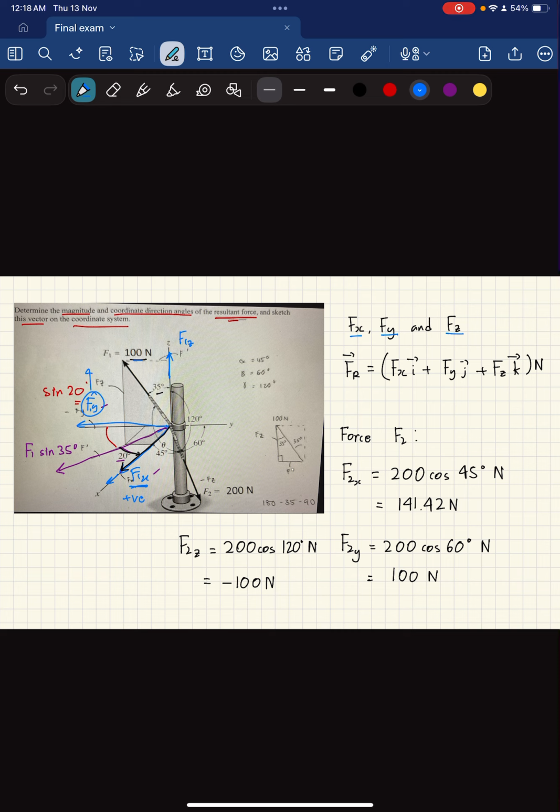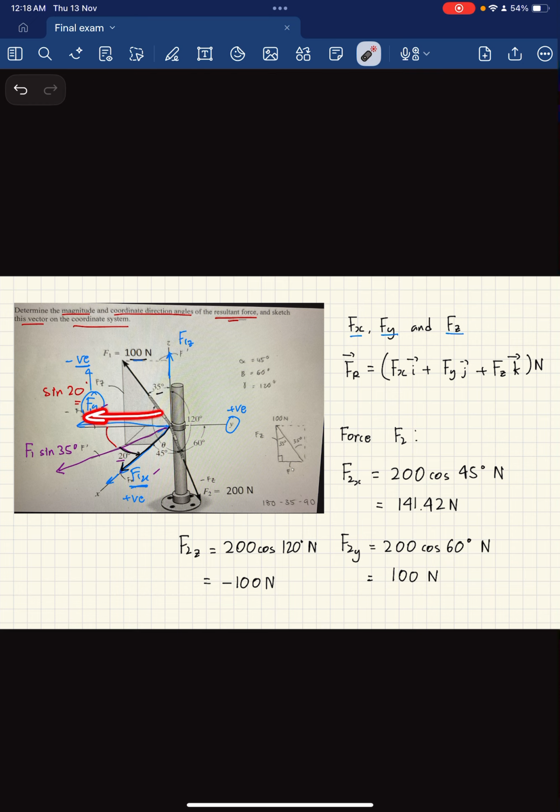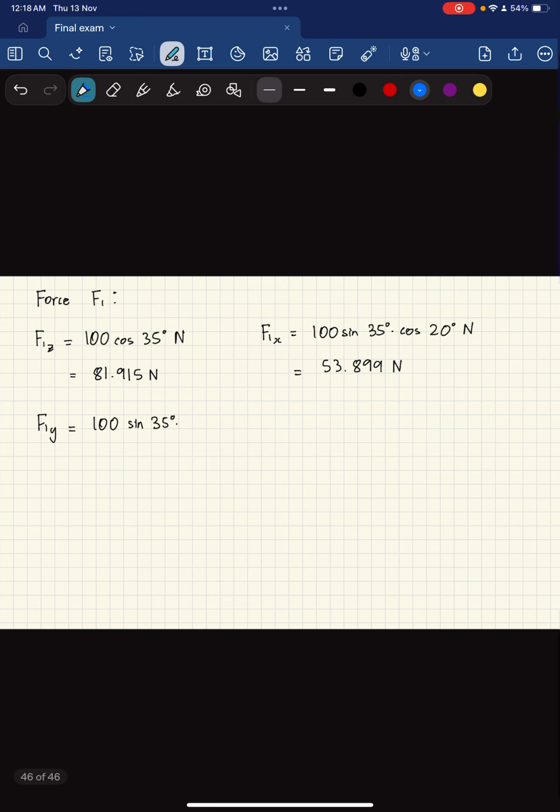Fy here would become negative, because the positive y-axis is actually in this direction. So if we are going to the left, it will clearly be negative. With that being said, I'm going to make sure I put the negative sign: negative 100 sine 35 times sine 20.